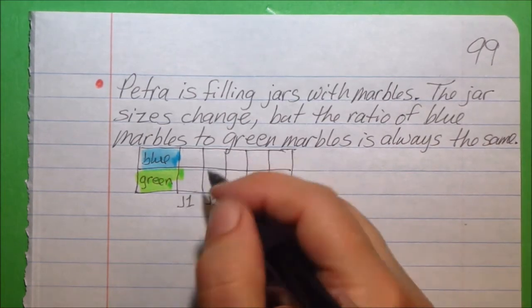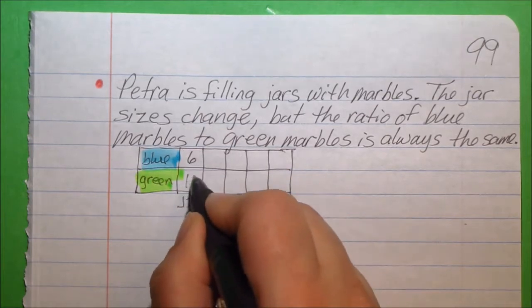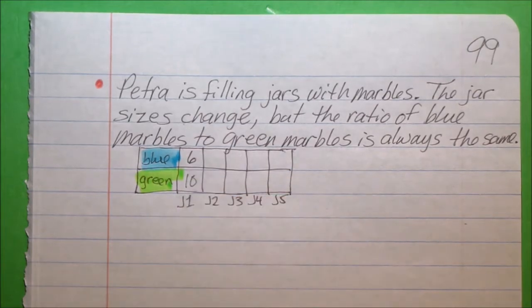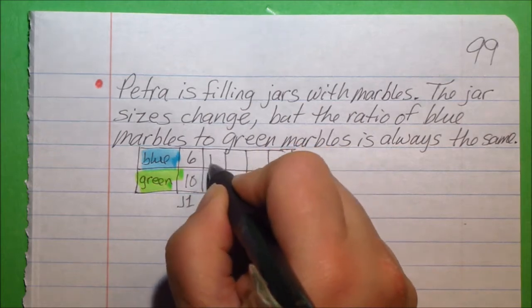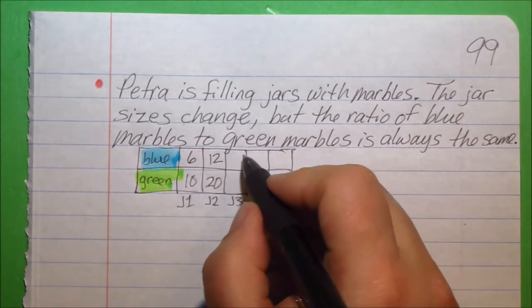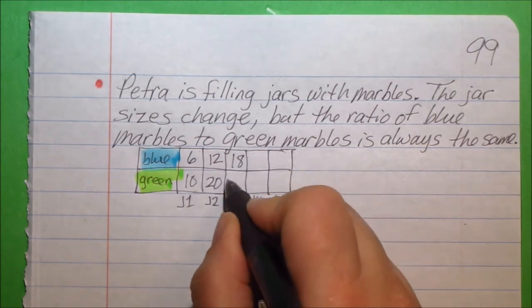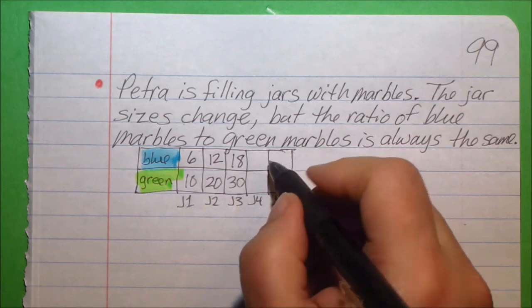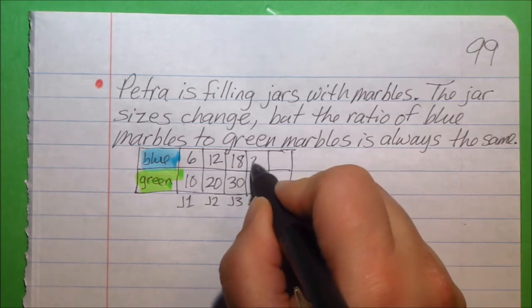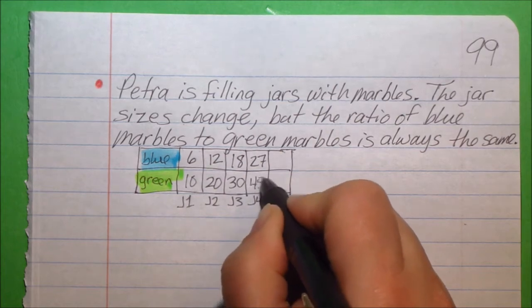Well, in jar 1, she has 6 blue marbles and 10 green marbles. In jar 2, she has 12 blue and 20 green. In jar 3, she has 18 blue and 30 green. In jar 4, she has 27 blue and 45 green.